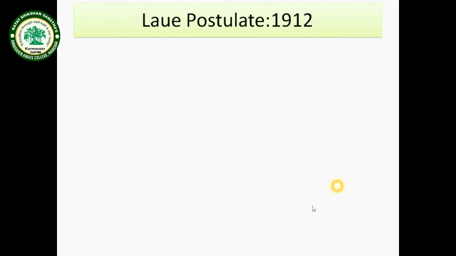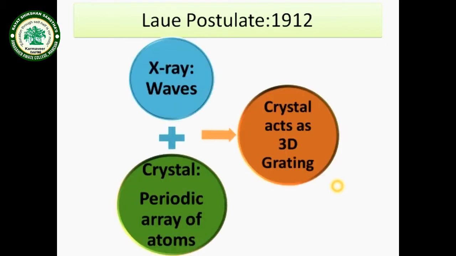What is the postulate of Laue? He said that if X-rays are waves, and if crystals have a periodic arrangement of atoms, then and only then can the crystal act as a three-dimensional grating. In other words, his postulate was a confirmatory test that X-rays are waves as well as that a crystal consists of a periodic array of atoms.